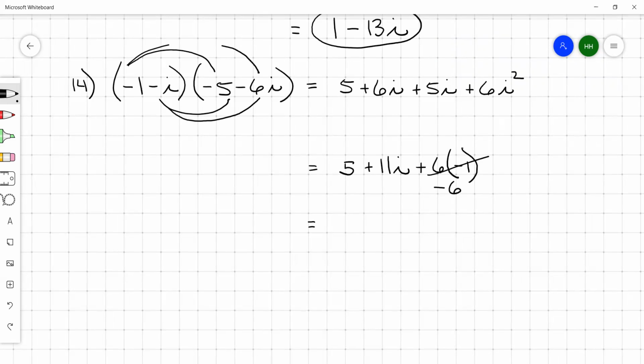So we get 5 plus negative 6, or 5 minus 6, negative 1, plus 11i. That concludes your Quiz 12 study guide. Any questions?